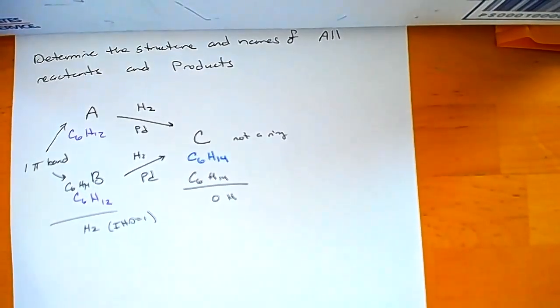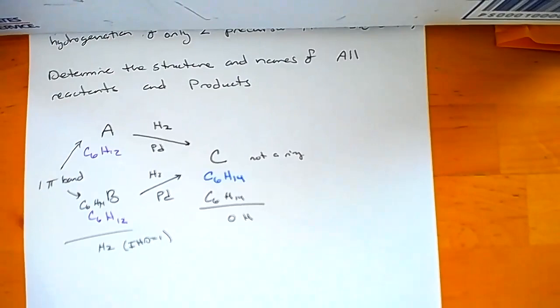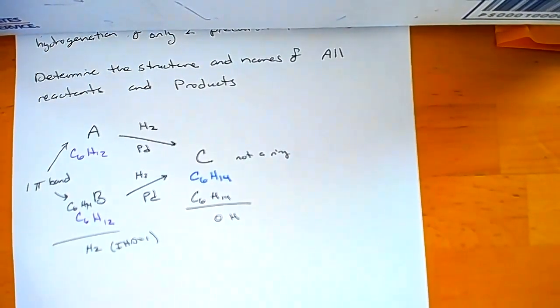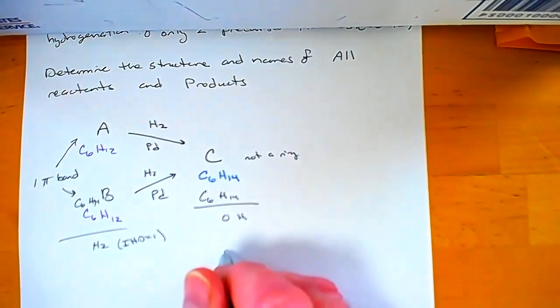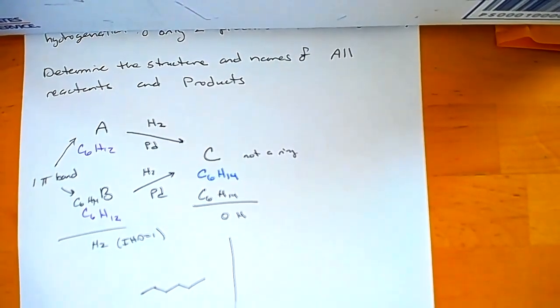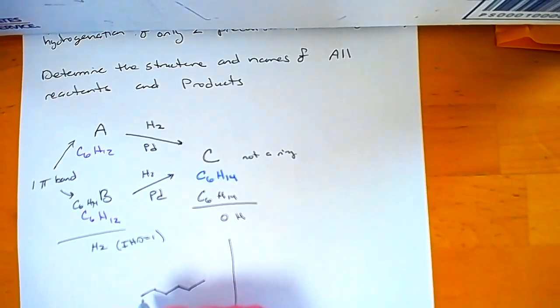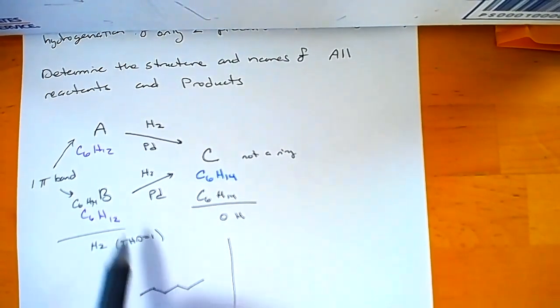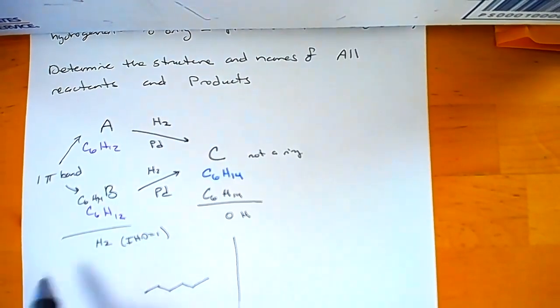Now we've got a little bit of headway, so we just have to play a thinking game. The first thing to consider is, what if C was just a plain old hexane with 6 carbons? Remember, only 2 compounds can make this.